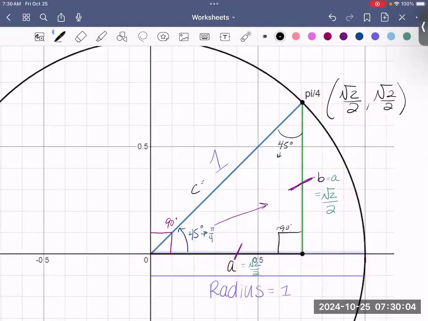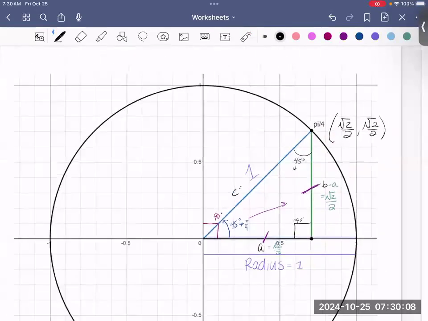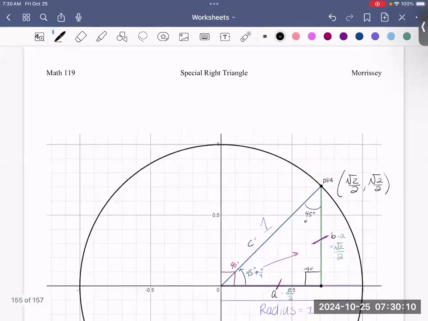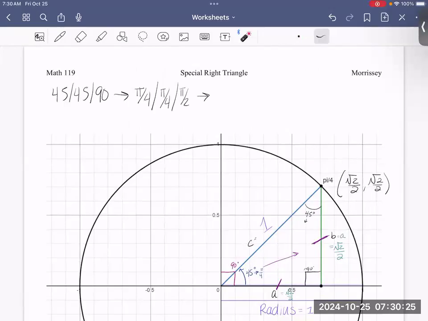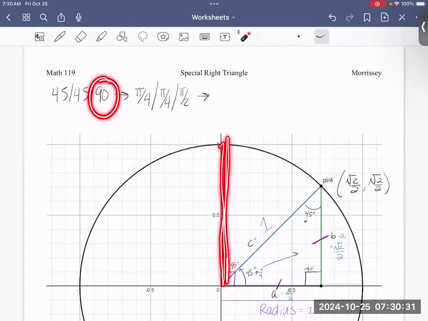So when we talk about your proportion for a special right triangle, for a 45, 45, 90, or a pi over 4, pi over 4, and pi over 2, on the unit circle, this 90 degrees is just another way to say this is your radius.